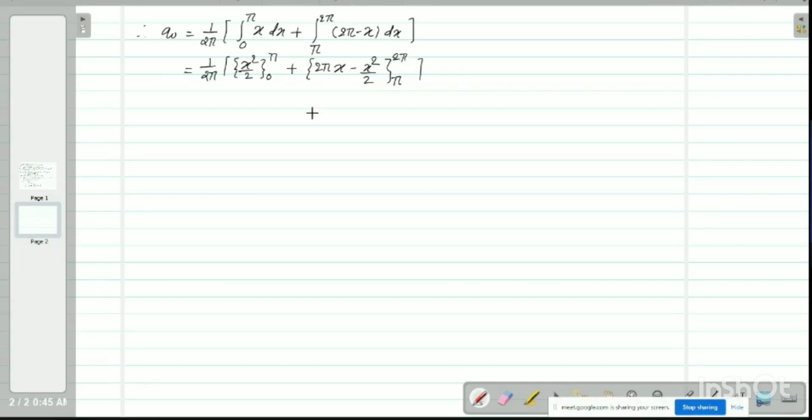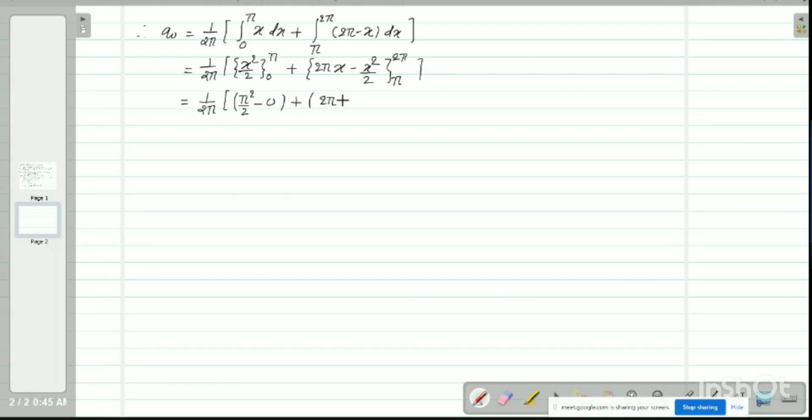Just close the big bracket. So this equals 1 upon 2 pi, upper limit pi square by 2 minus lower limit 0.